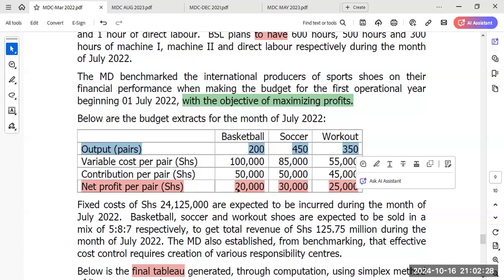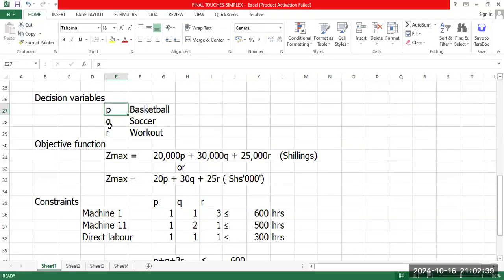You cannot multiply this by 20. It will lose meaning, because at the end I want to know the actual number of P, the actual number of Q, the actual number of R, that is, how many shoes I have produced to maximize this profit.